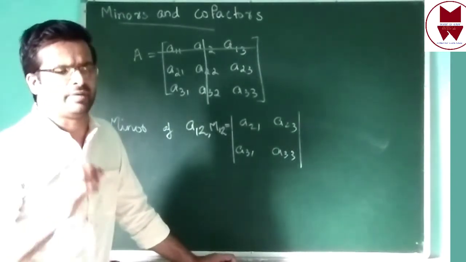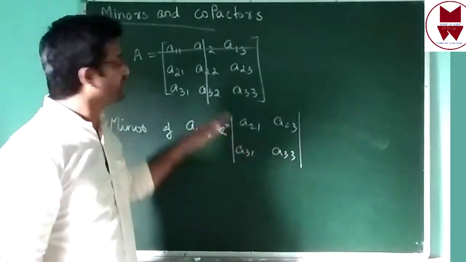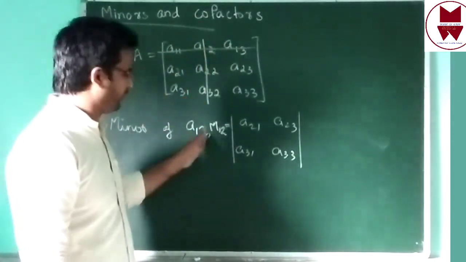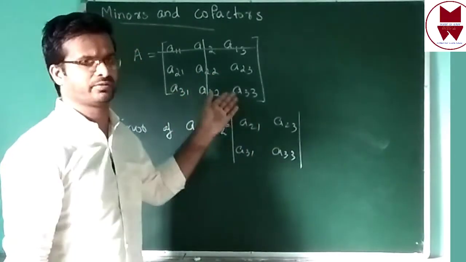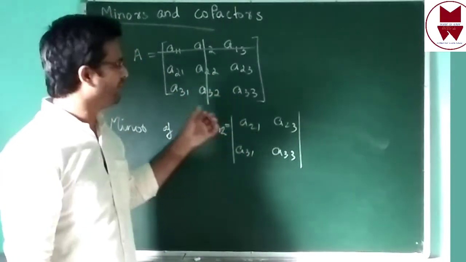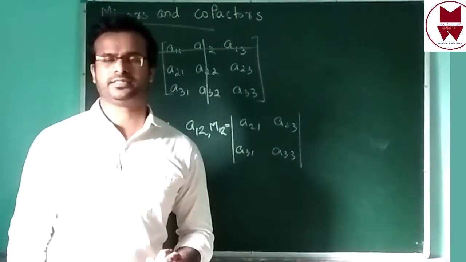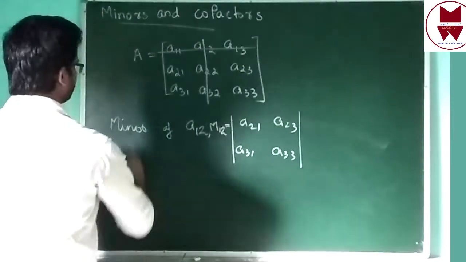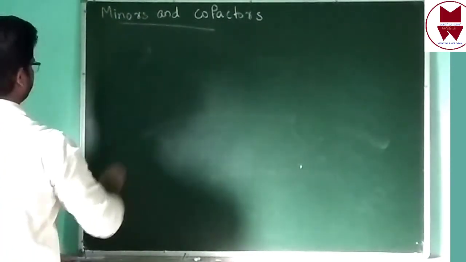Nothing more: when you take the minor of any element, delete the row and column containing the element, then the remaining numbers, maybe 4 or 1 number, take the determinant of the remaining numbers. That time you will get the minor.